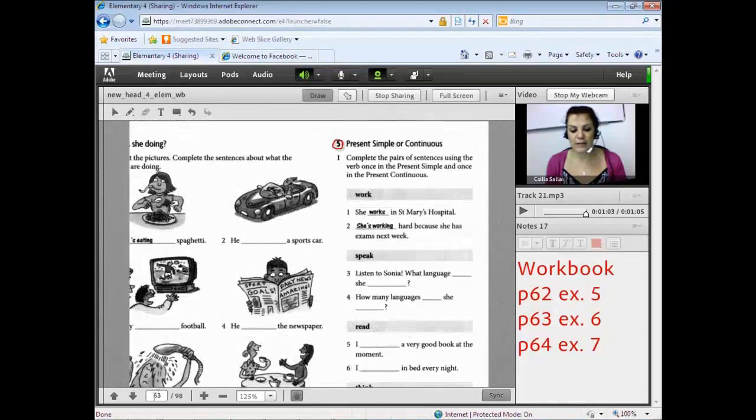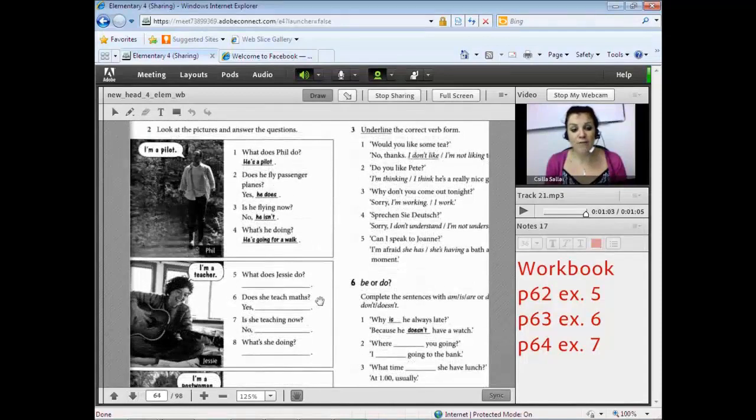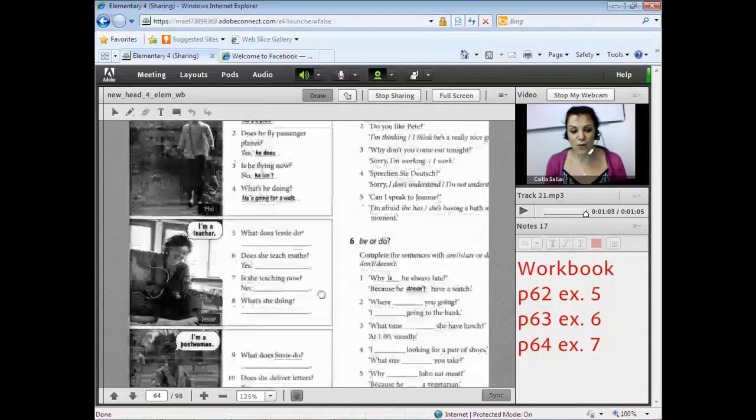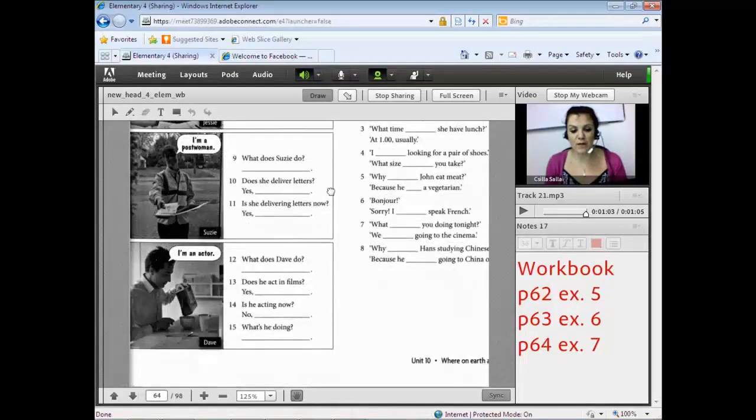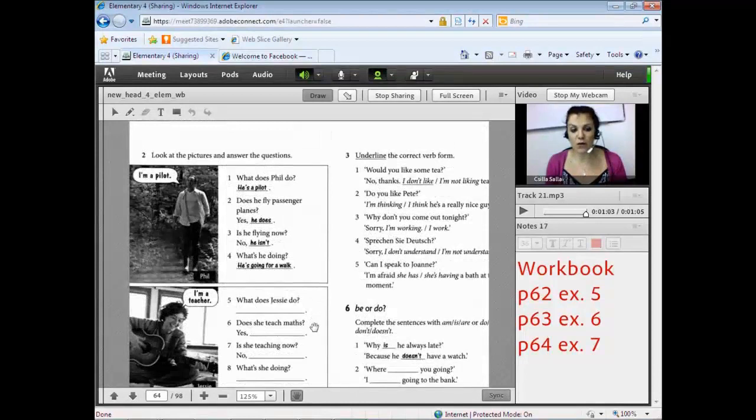Good. And then please go to page 63. Here you can find some pictures, 1, 2, 3, 4, pictures of 4 people, and there are some questions you are going to answer with either present simple or the present continuous.